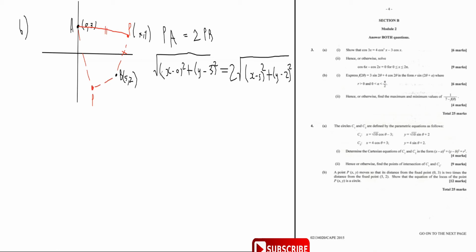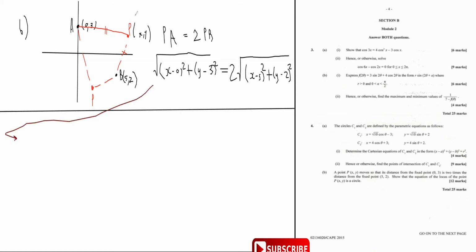Now, what we can do now is, I'm going to continue it, but I'm just going to close off up here. All right. So I'm going to continue by squaring both sides.